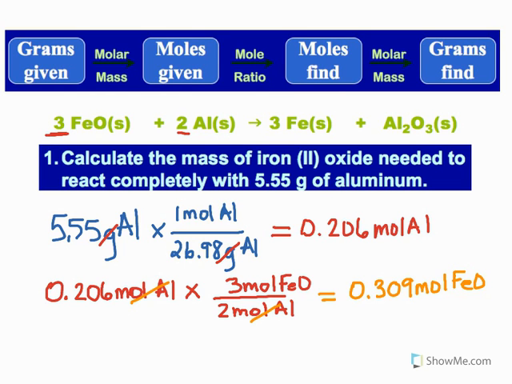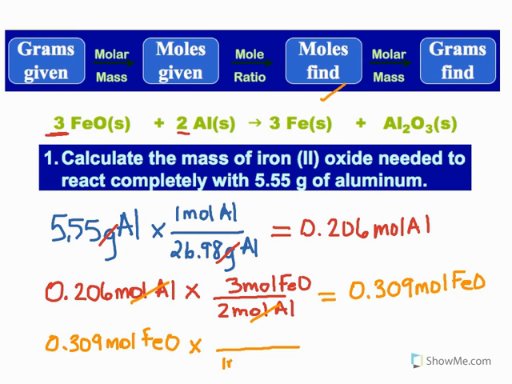Okay, now I've got to this point right here, and I want to go from moles of iron oxide to grams of iron oxide. The way we're going to do that is we're going to take our 0.309 moles of iron oxide, and to go from moles to grams, again we use the molar mass from the periodic table. On the periodic table, we would find that there's 71.85 grams of iron oxide in every 1 mole.